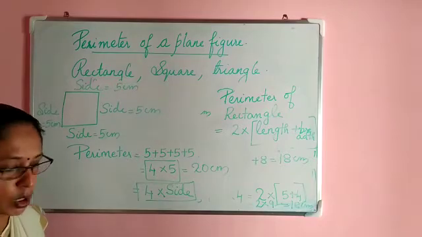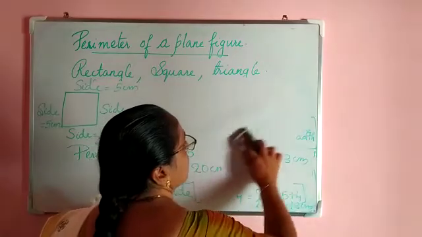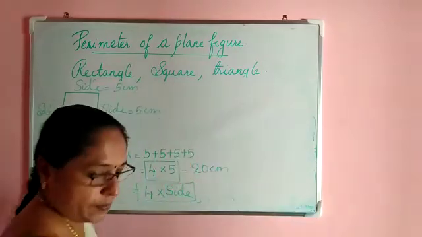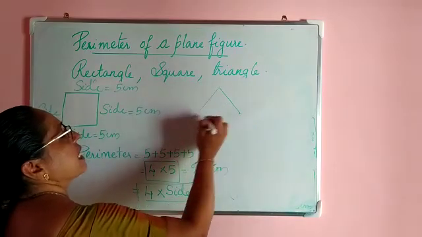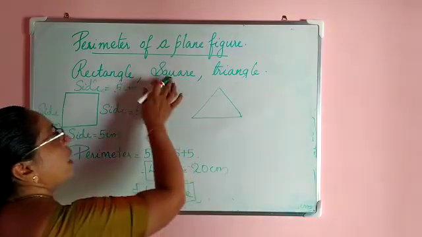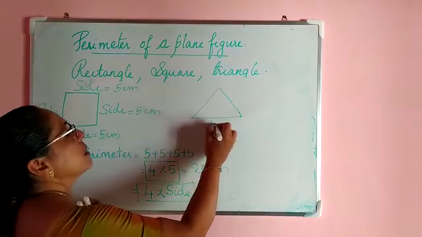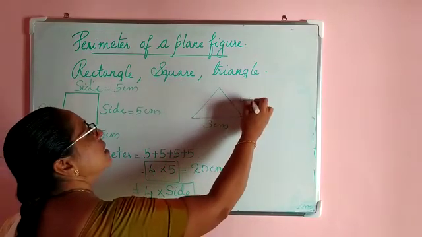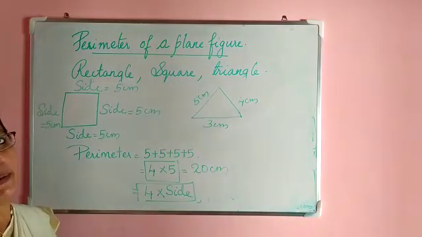Next we move on to the triangle. The third plane figure is triangle. Triangle is a plane figure with 3 sides, whereas square and rectangle have 4 sides. So the sides are 3 centimeter, 4 centimeter, 5 centimeter. What is the perimeter?